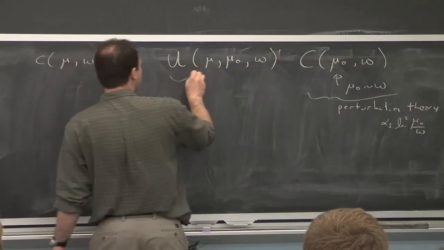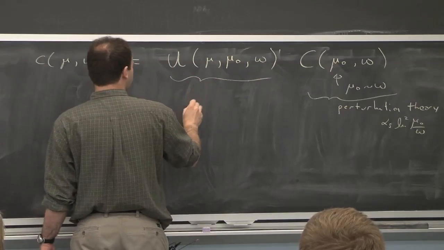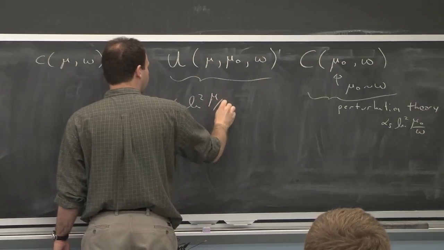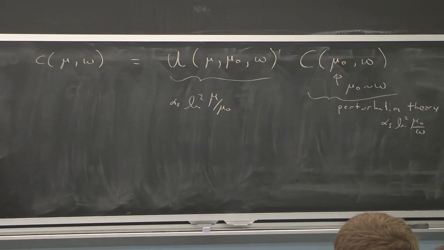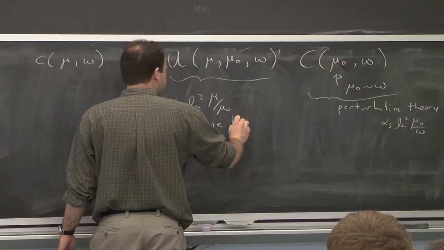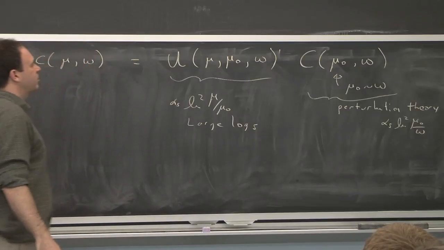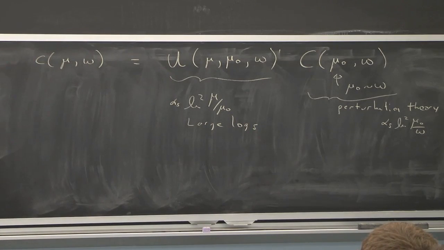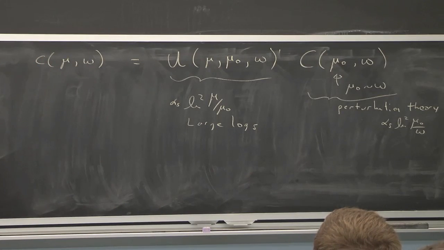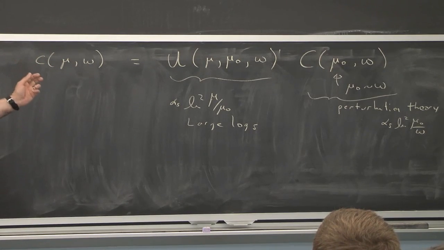And this thing here, in this formulation, would have the double log series of alpha log squared of mu over mu naught. But then mu naught's of order W, and mu you can take much smaller, and that's the large logs. So for simplicity, I just took mu naught equal to W, but everything I've said I could repeat, and the story would really be the same if I had just used an arbitrary mu naught.